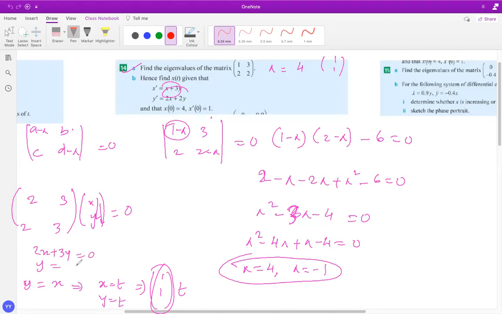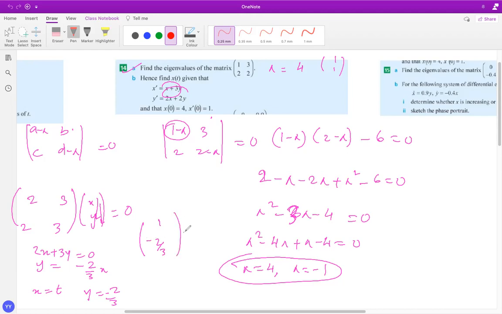So y is negative 2/3 of x. How do I find the eigenvector here? If I take x as t, y is negative 2/3 t. So I can take the vector as 1 and negative 2/3, times t. If I multiply this by 3, I get 3 and negative 2 as my vector. I can take these whole numbers, that's much easier. So when lambda is negative 1, my eigenvector is 3 and negative 2.